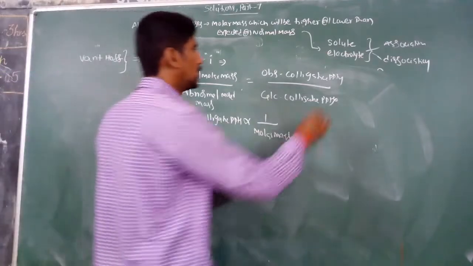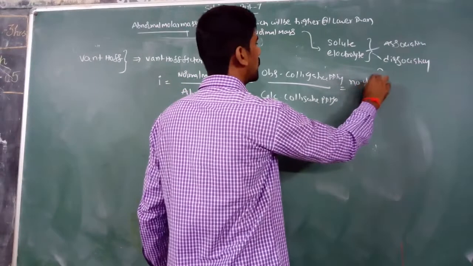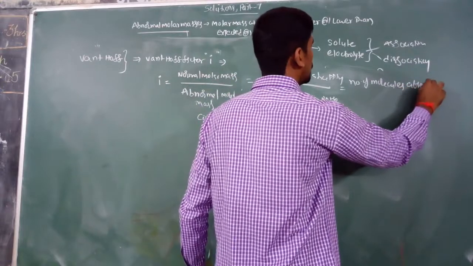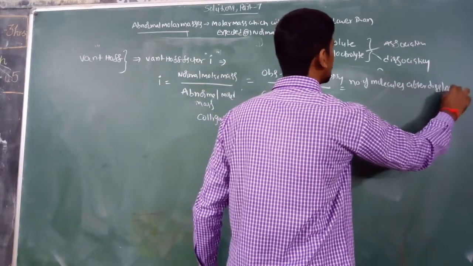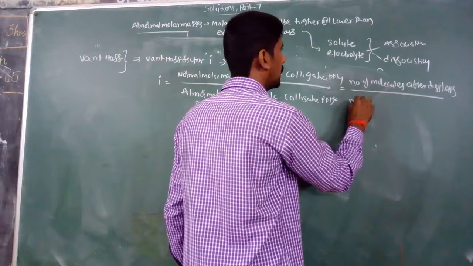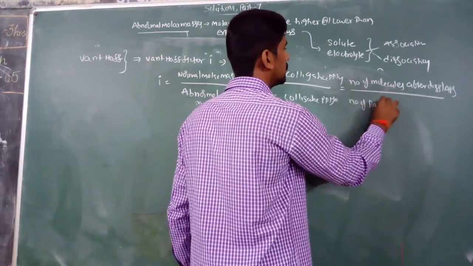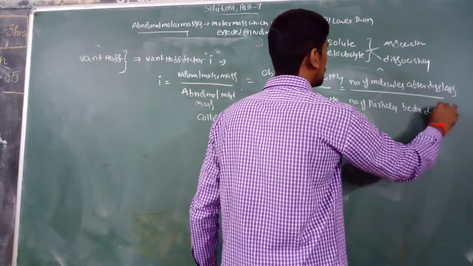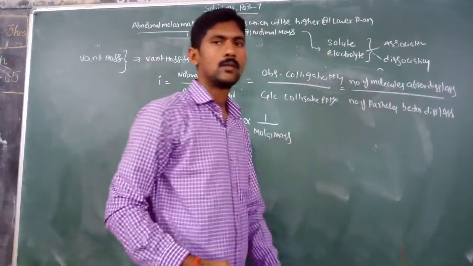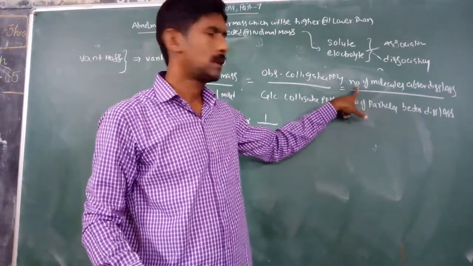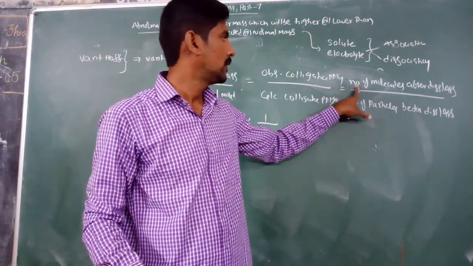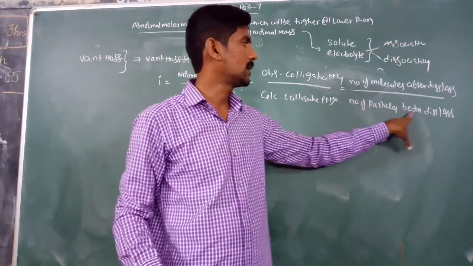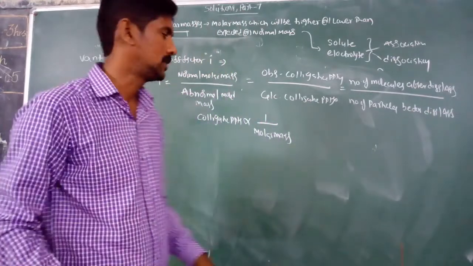And i is also equal to the number of molecules after dissociation or association by the number of particles before dissociation or association. What is another important expression of i? Number of particles after dissociation or association by number of particles before dissociation or association.